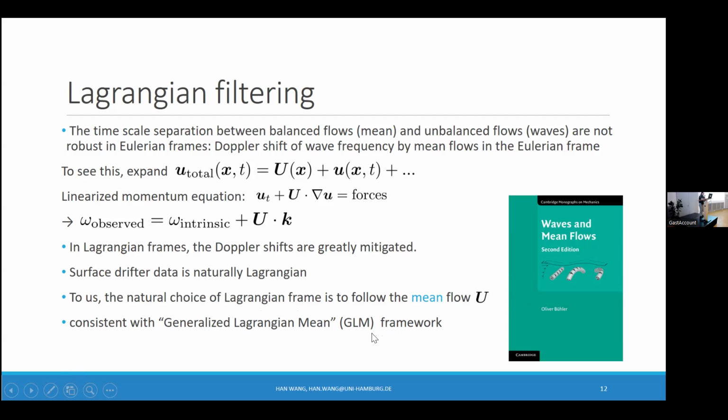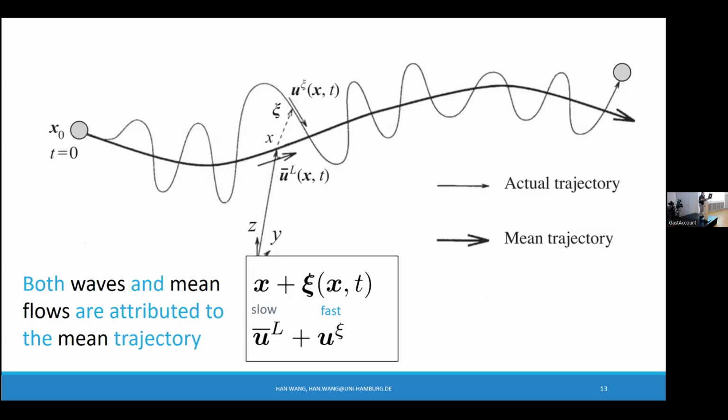I think even without considering the intricacies of the GLM framework, I'm pretty convinced up to this point that even if you just want to filter waves and the mean flows, it's better to follow the frame that's moving with the velocities of the mean flow. And this is a sketch from the textbook on what we mean more exactly.